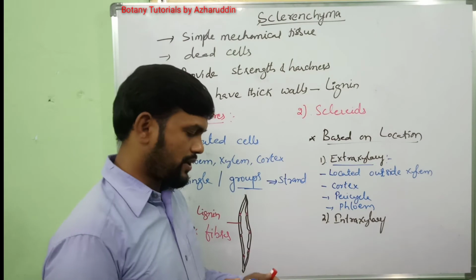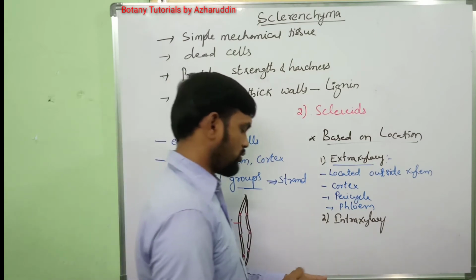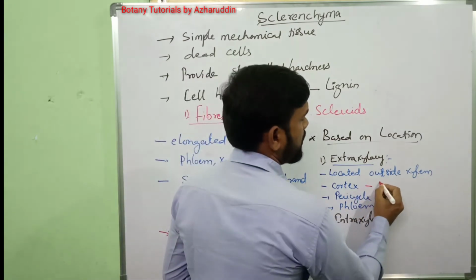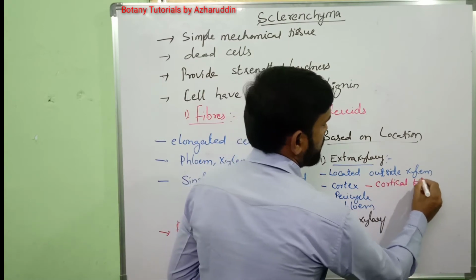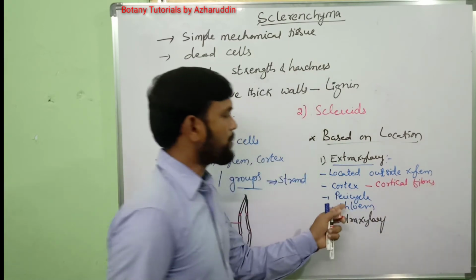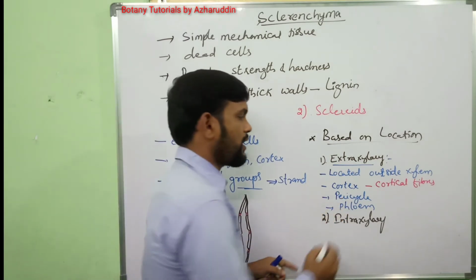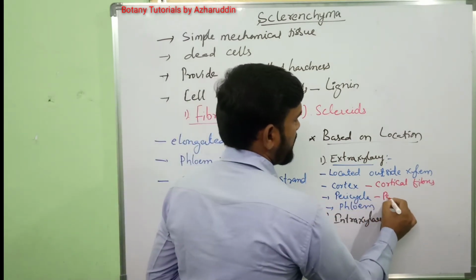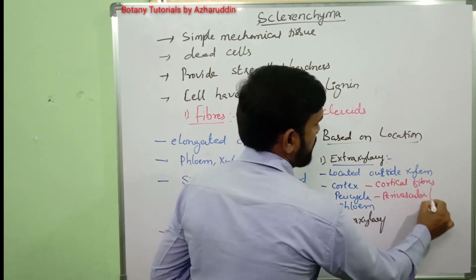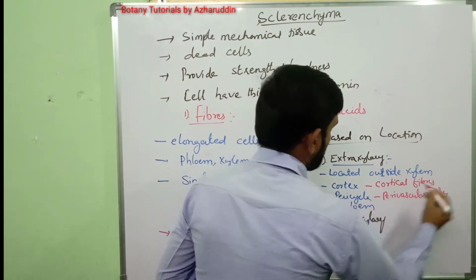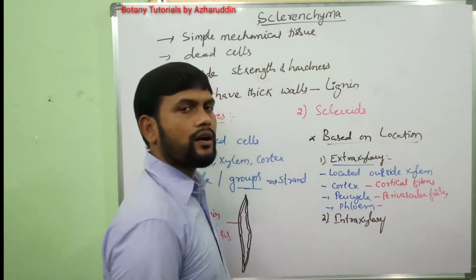If the fibers are present in the cortex, then those fibers are called cortical fibers. If they are present in pericycle, the fibers are called perivascular fibers. If they are present in phloem, they are called bast fibers.